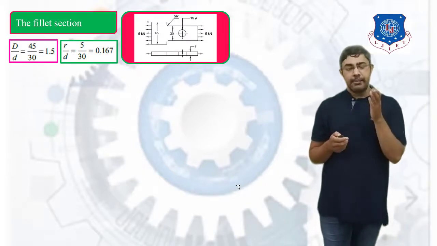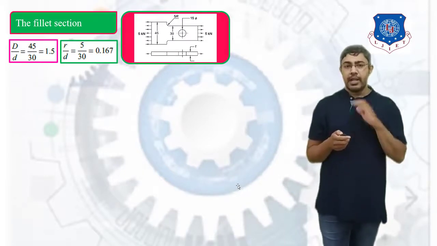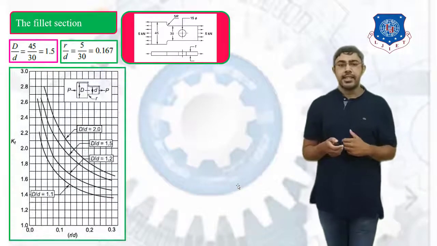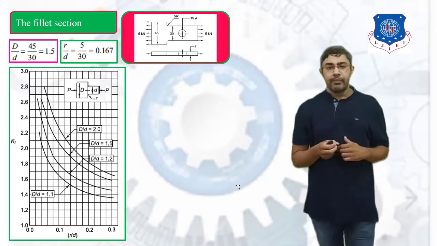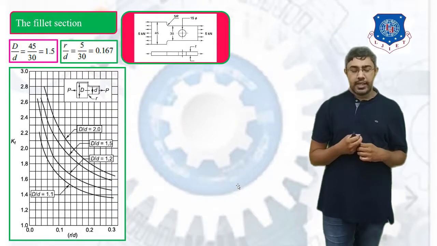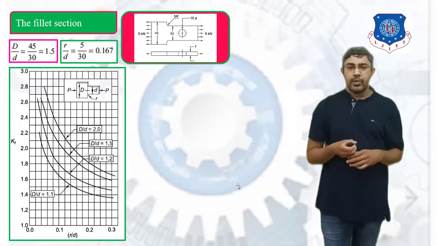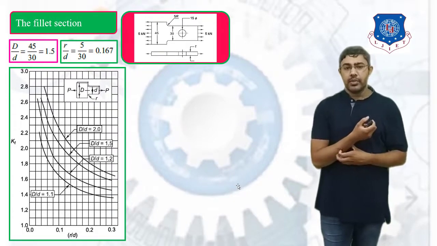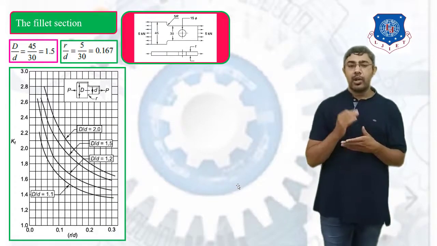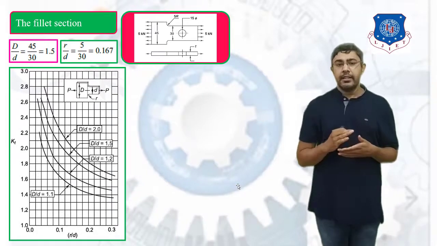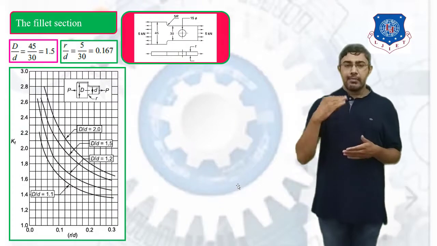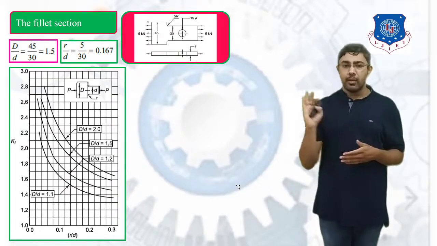Now we have both ratios. From the stress concentration chart for a stepped plate subjected to tensile load, we calculate the stress concentration factor. In this chart, the x-axis shows the small r by d ratio, and there are different curves based on the capital D by small d ratio.